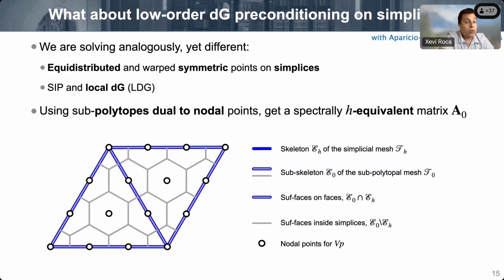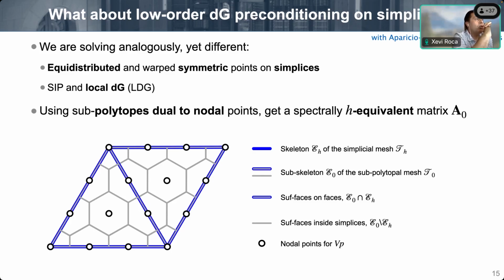So our idea is the next one. It's a really similar idea. But here, instead of using subcubes, we are going to use subpolytopes, that is, polygons in 2D and polyhedra in 3D, that are dual to the high-order points, the nodal points. So in circles, in this plot, you can see the nodal points for a high-order space. You can see in blue the boundaries of the triangles of the mesh.